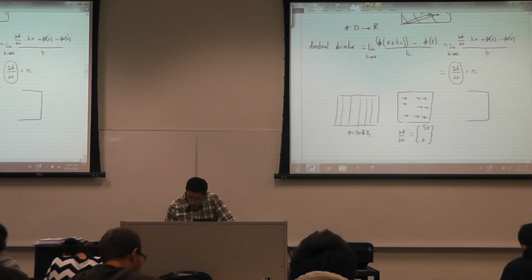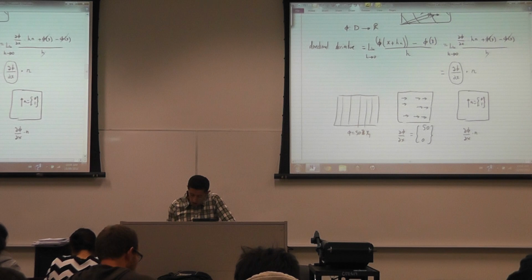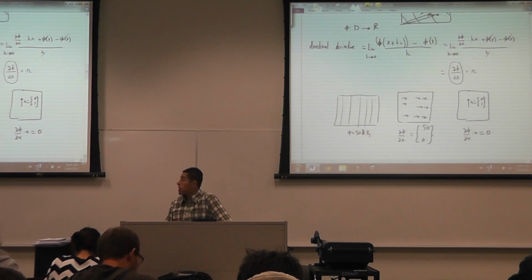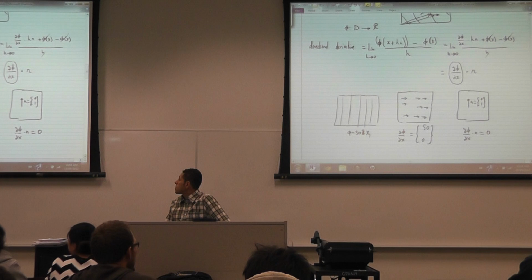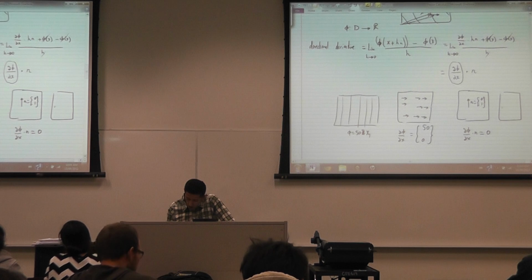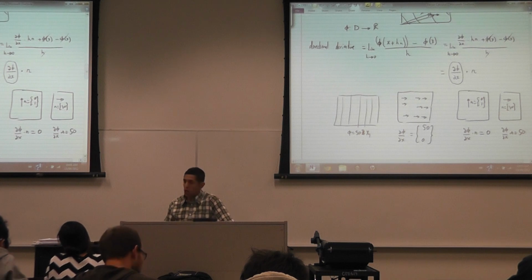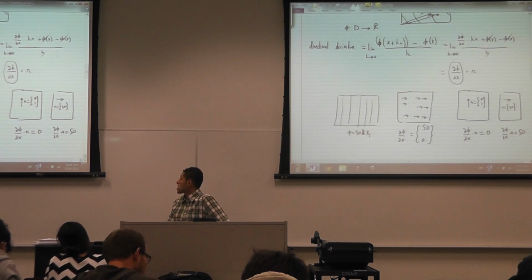If I want to know how much phi changes in this direction, partial phi by partial x dot n will be equal to 0. Phi does not change in this direction. If I take n equal to 1, 0, partial phi by partial x dot n will be equal to 50. So the directional derivative of phi in this direction is 50. And so on.